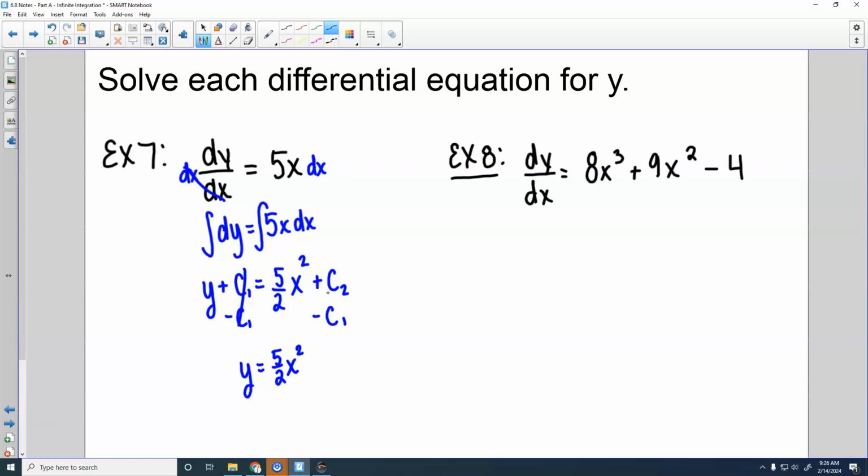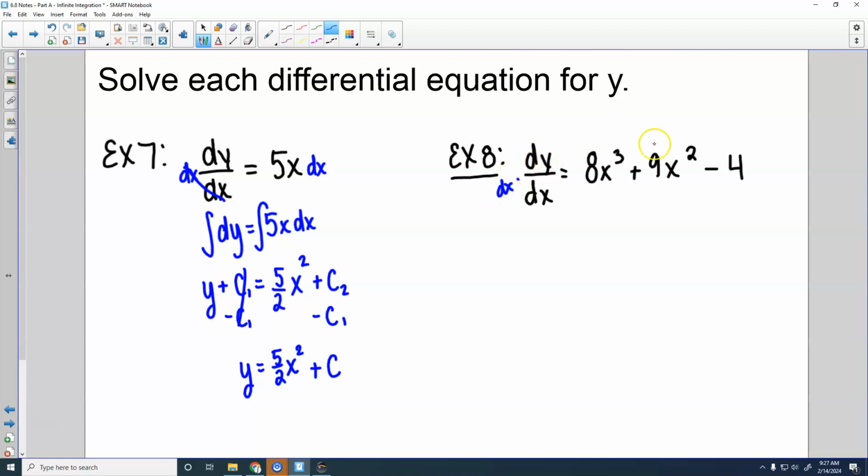It's c2 minus c1. Do we know what that is? Does it give us any more information than just an unknown value? An unknown value minus another unknown value is still just an unknown value. So what you can do is just put those together as one c. Because it is an unknown value, if we do something to it, we don't really have to change it because it's still unknown.